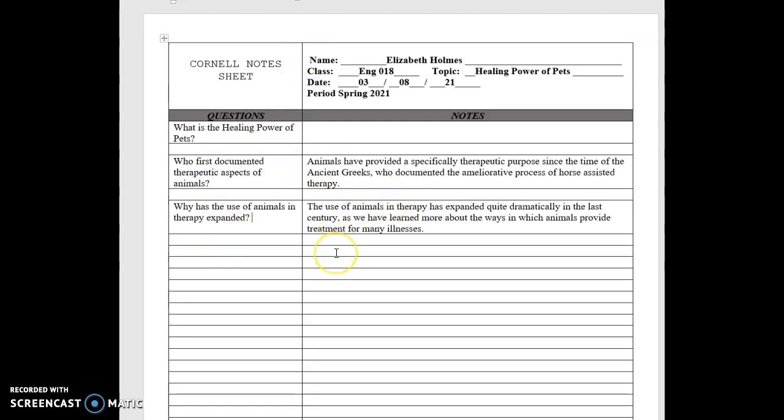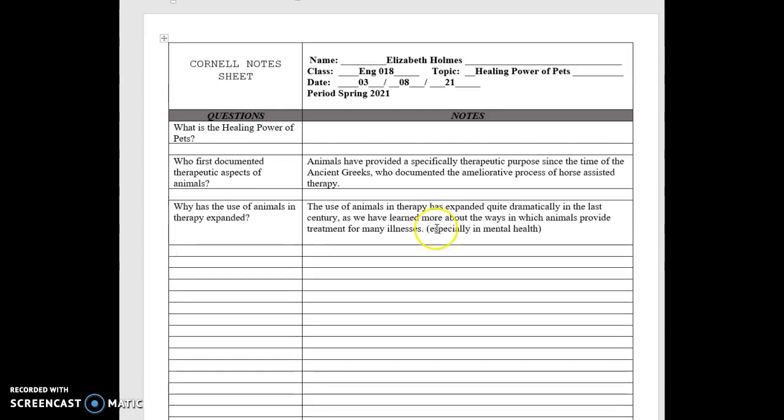And then I have my example, pit bulls and parolees. Okay. I can also capture those minor details, and I can do them right underneath these major. Okay.